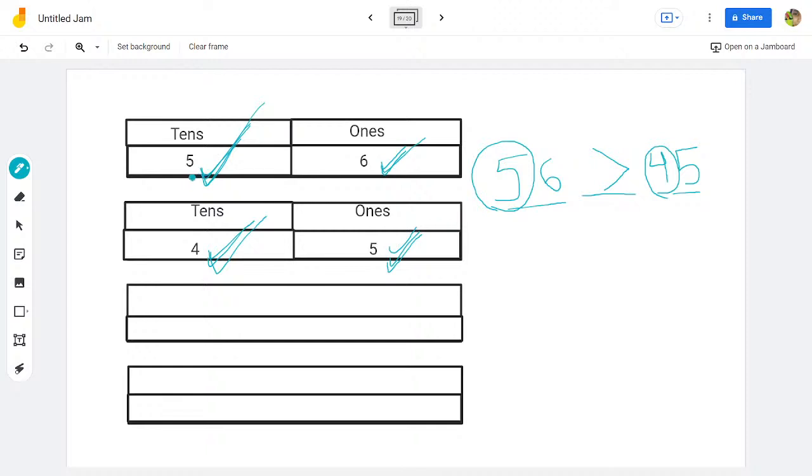Okay, we always look at the tens column. We will always look at 5 and 4 to decide which number is bigger. Is it 56 or 45?